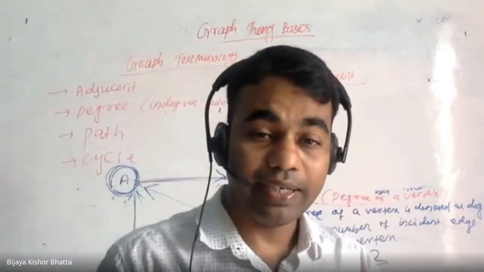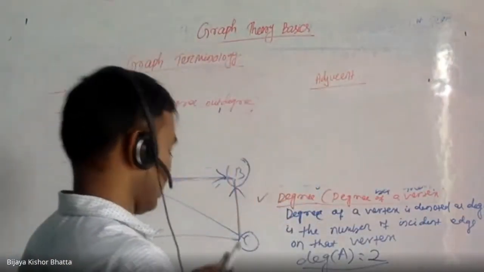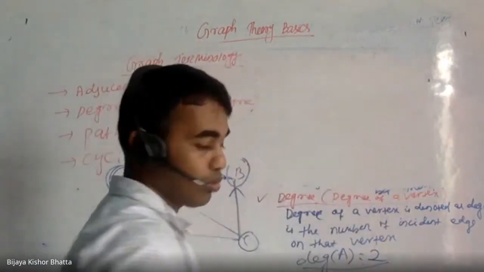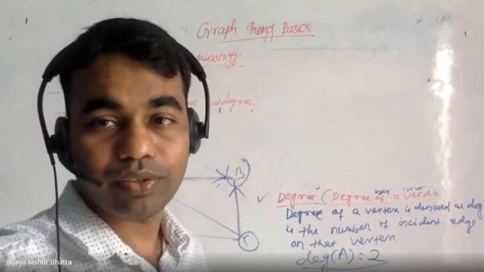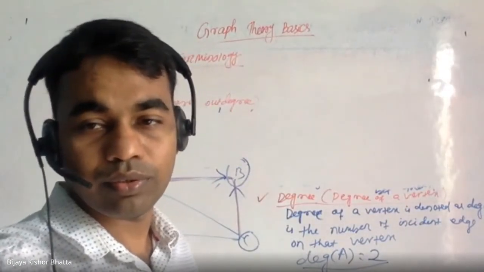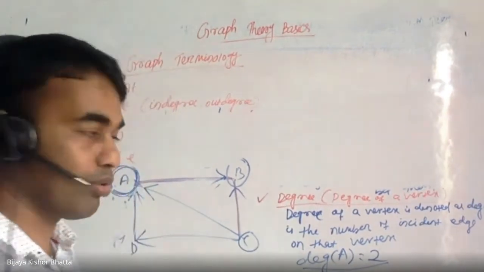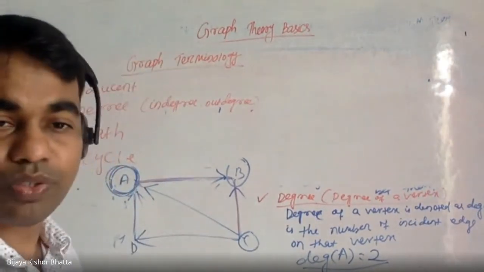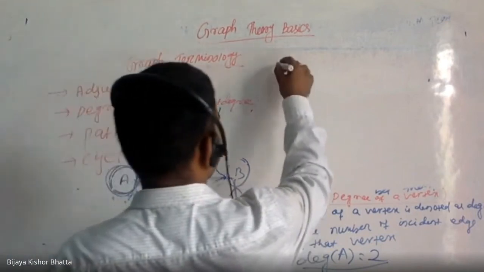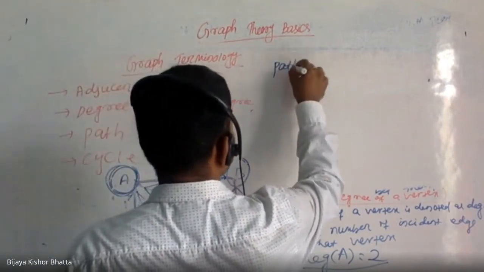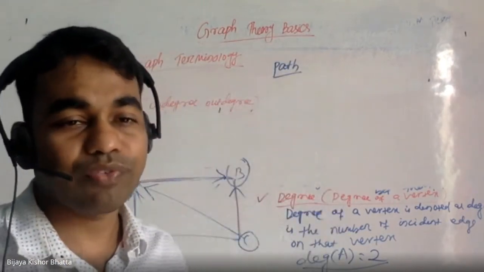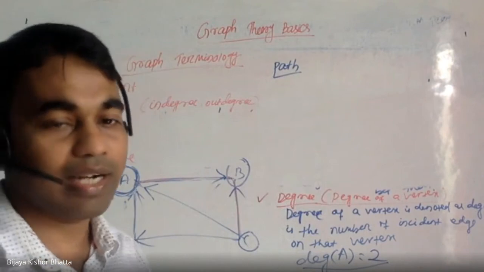Let's make a heading, path. Path is basically a sequence of vertices and edges.